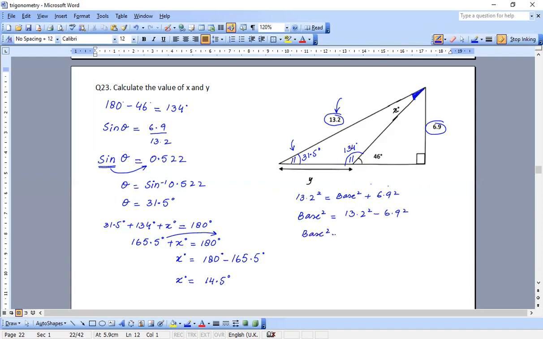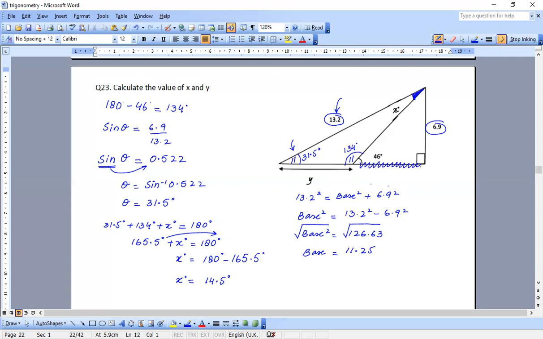So this will be 13.2 square minus 6.9 square, 126.63. This is base square. I'll take the square root, and the square root of 126.63 is going to be 11.25. So the length of the entire triangle, the larger triangle, is going to be 11.25.